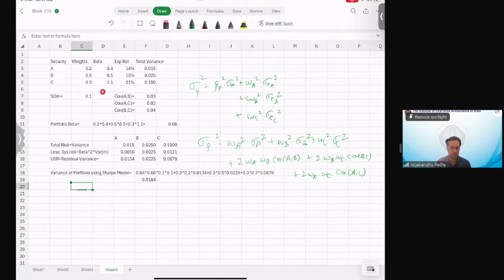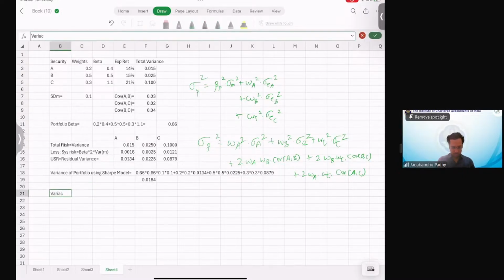You simply have to substitute and get the numbers. Get the variance using the Markowitz formula.